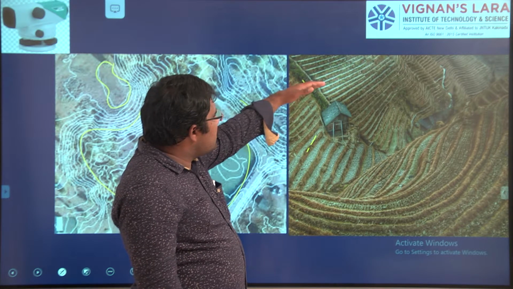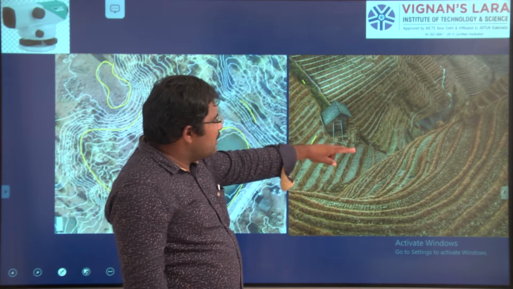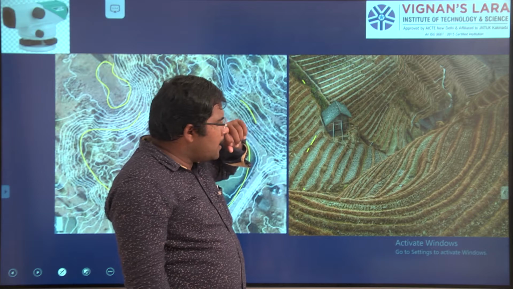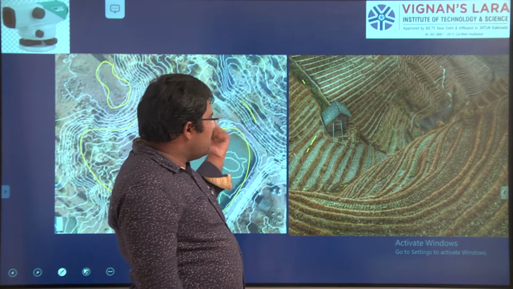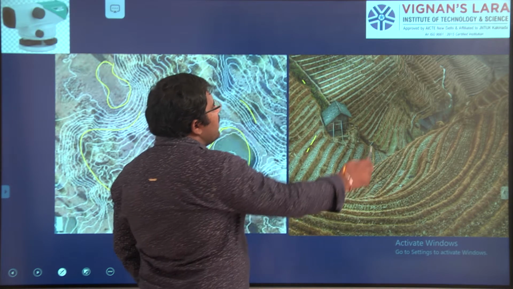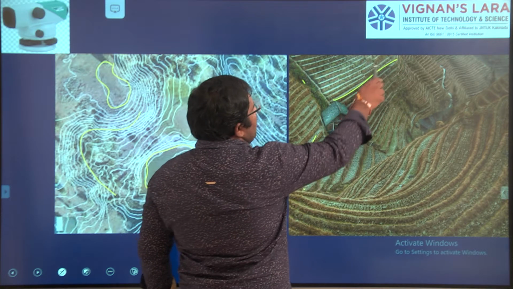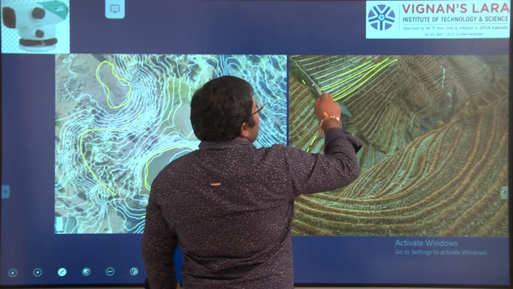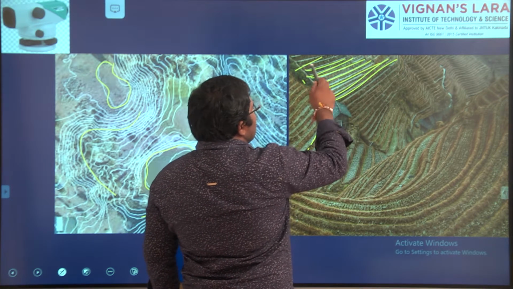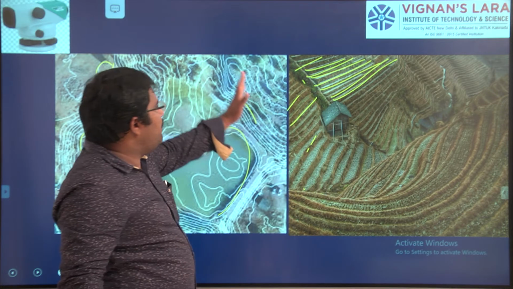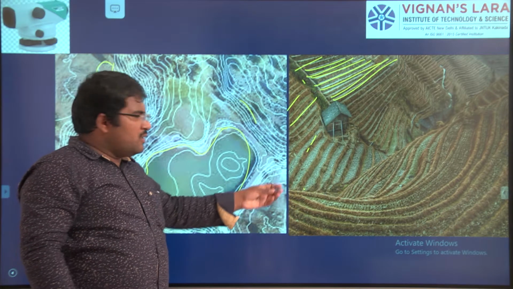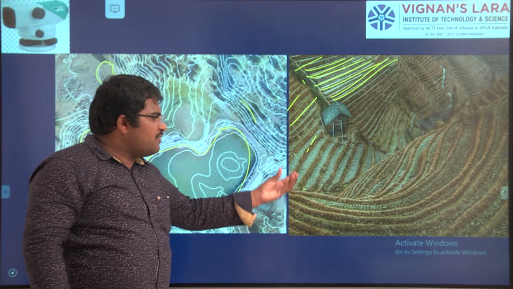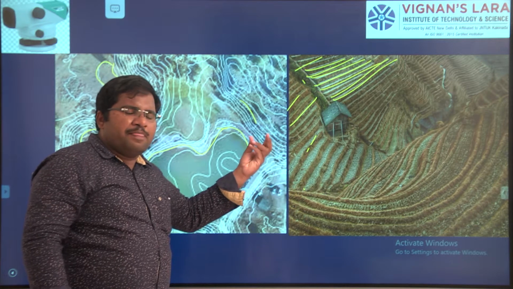These are called contours, and we can also imagine it like this. These are at the same level. By joining like this, a map is built like this. This is just for you to understand that I am showing this.